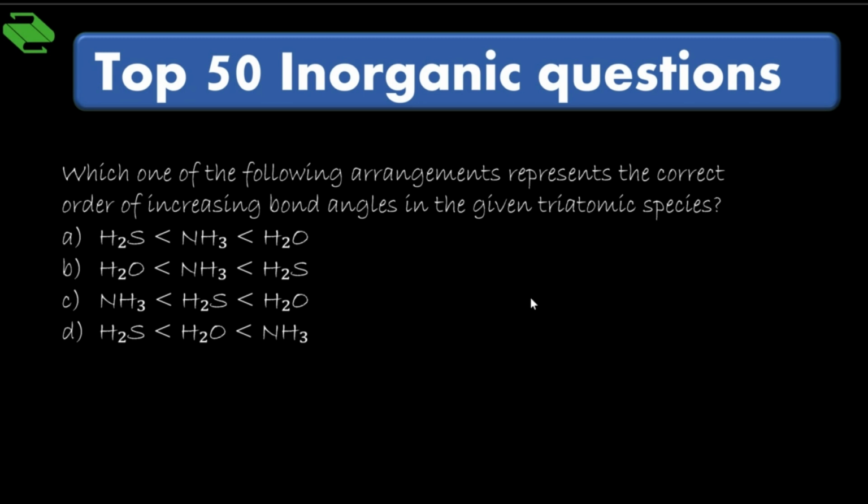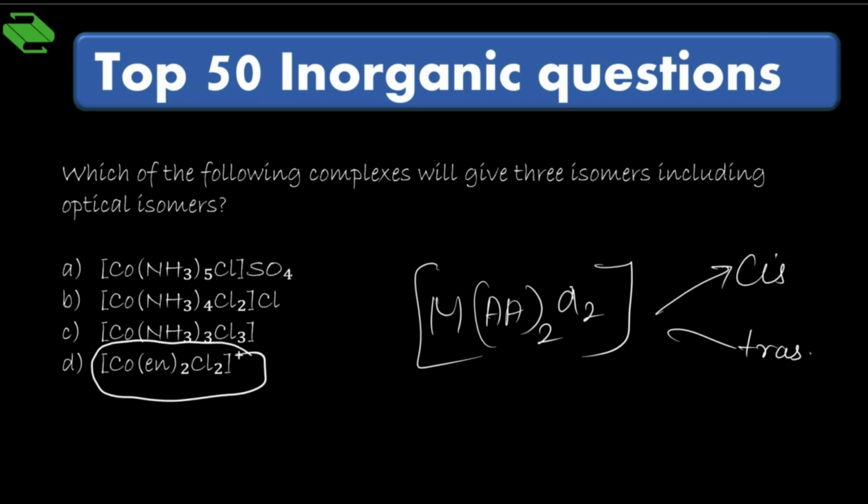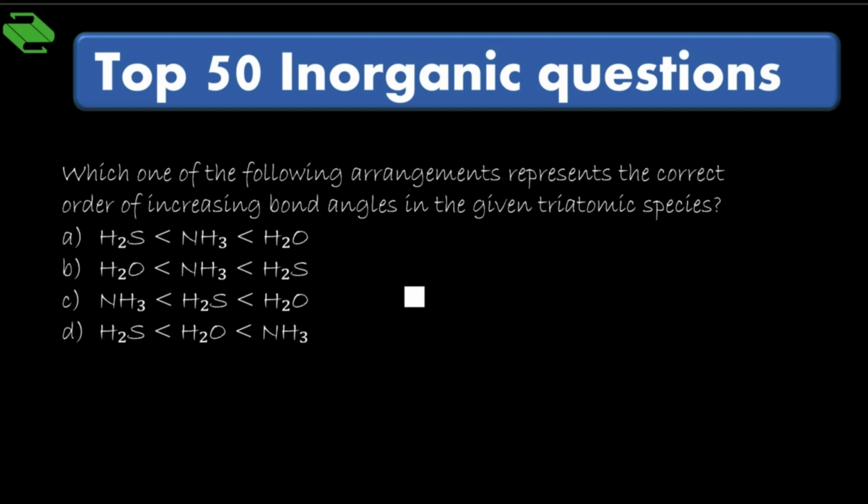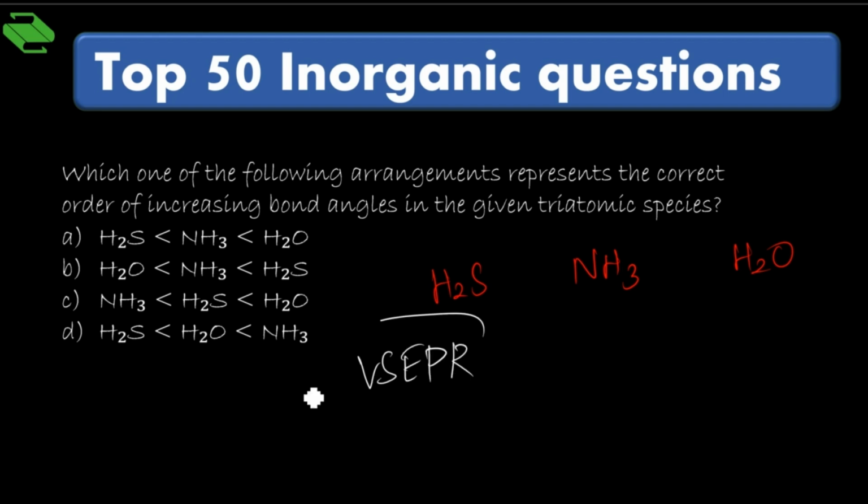This question is asking for the bond angles. Let's see H2S, ammonia, and water. Okay, so H2S, how many lone pairs are there? We can solve this question using VSEPR.